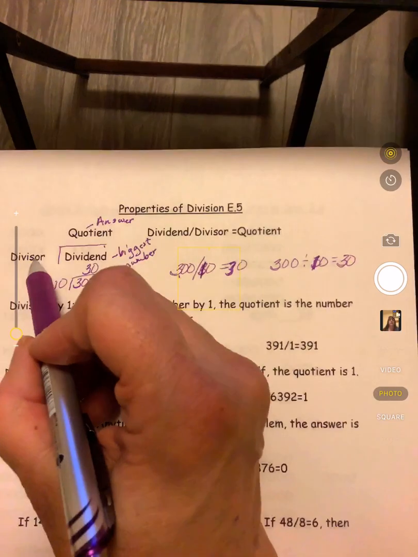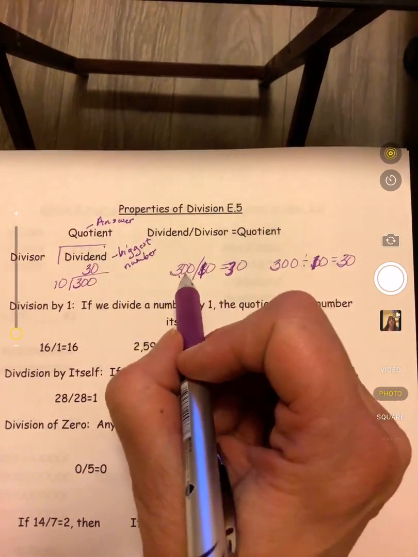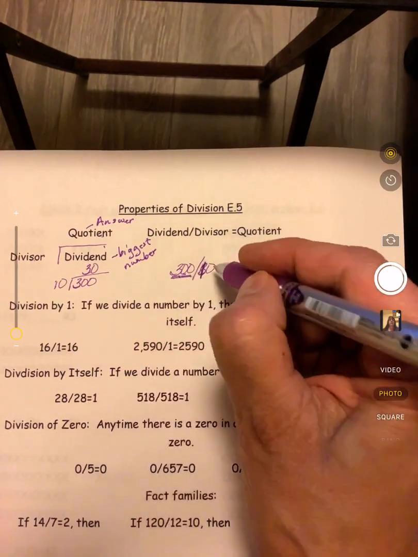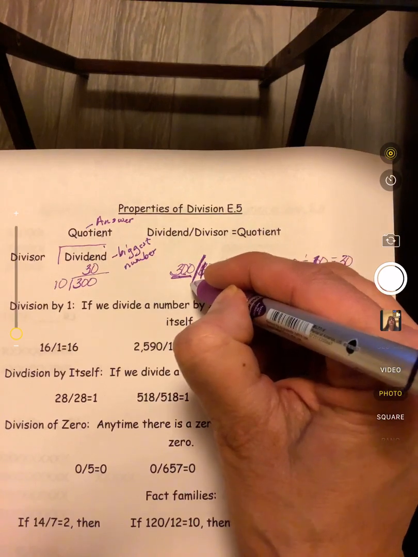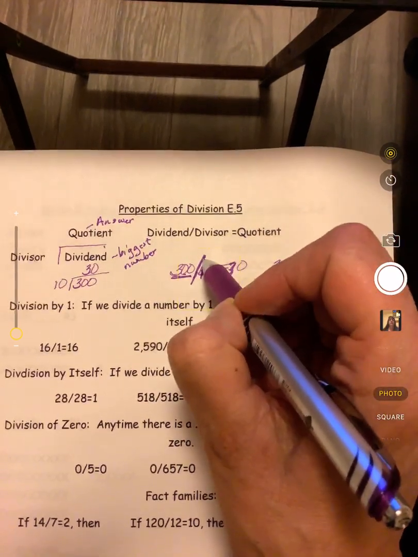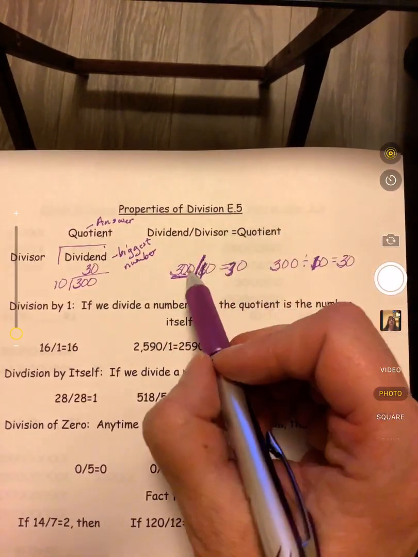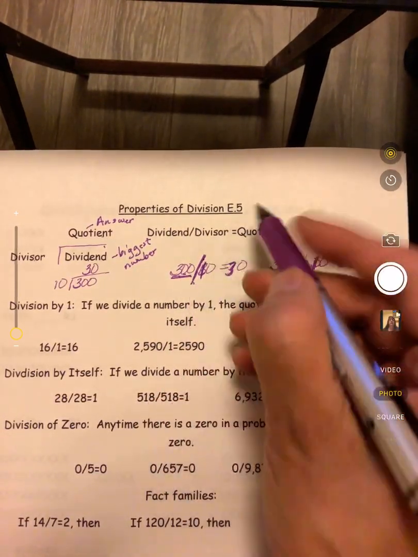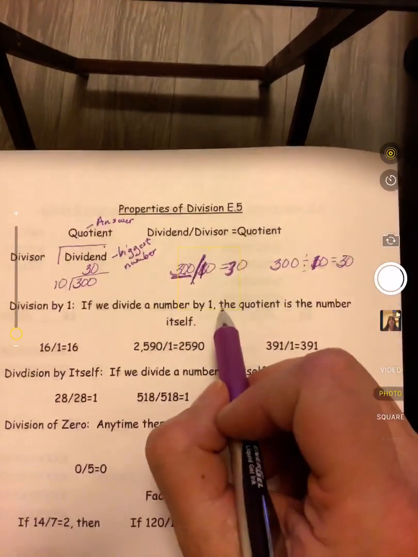The divisor is what we're dividing by, and then we get our quotient. Here's what we call a division bar. I'll show you where to find that on your keyboard, because you have to use this. They don't have the nice little division sign on the computer.